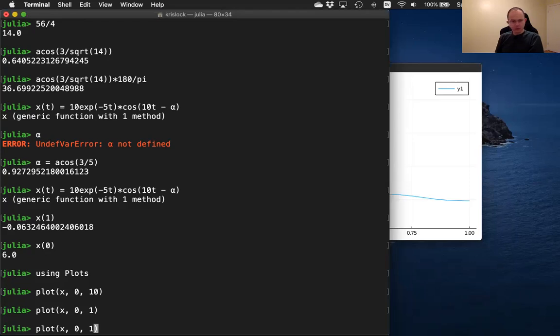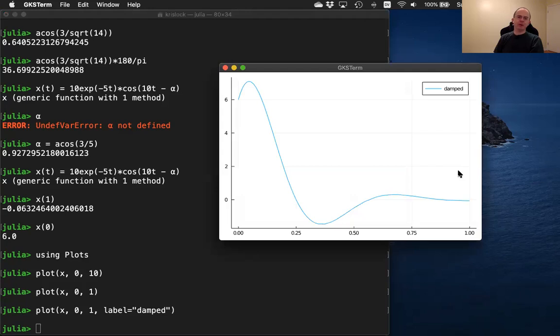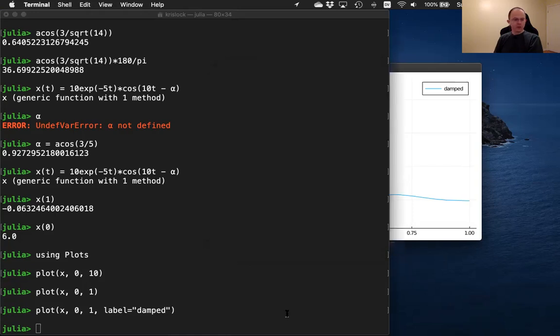I should label it too. Let's call it damped. So there's the damped motion.